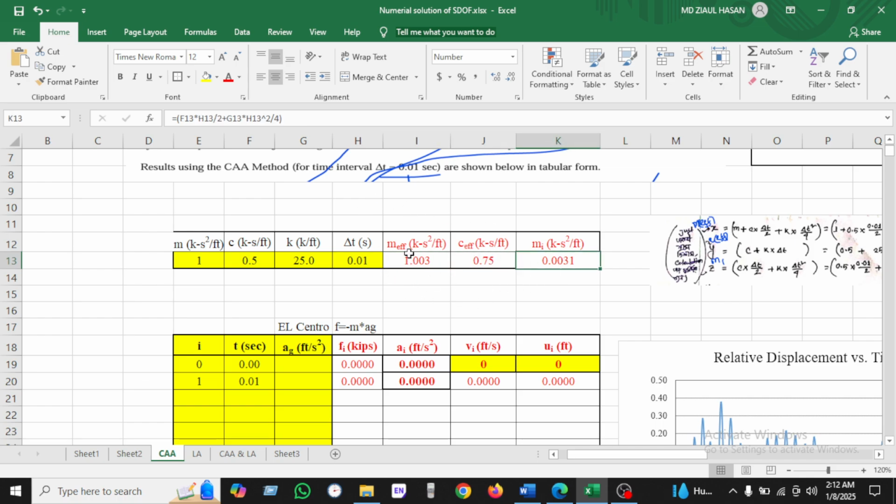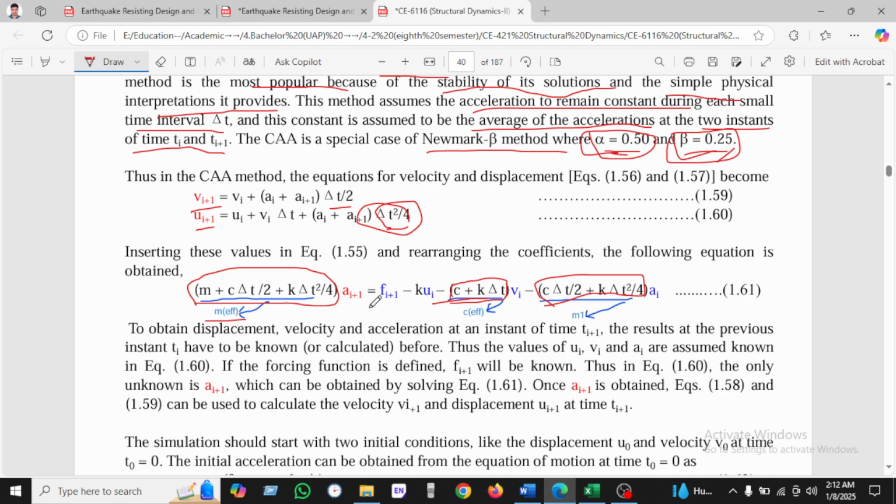I am deriving them here. M is the given mass, C is the given damping coefficient, stiffness is given, and delta T, the time interval, is given. That's why we are separating M effective, C effective, and M1 effective.